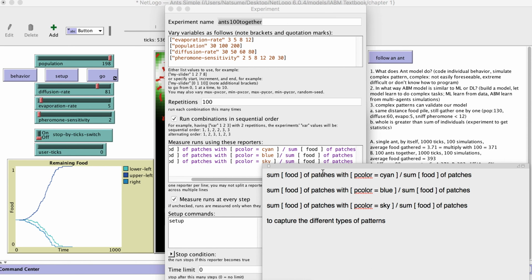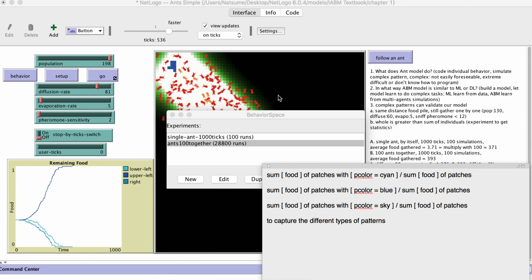So I create a ratio: for each pile of food, the amount of its food left divided by the food in the whole world. So we have three ratios. When the model runs, the ratios will differ.